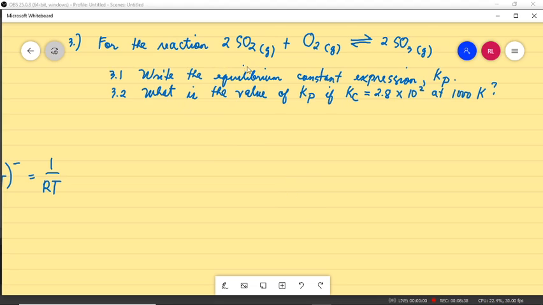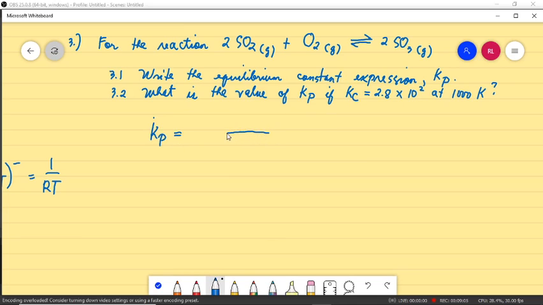For the reaction of 2 moles of sulfur dioxide and 1 mole of oxygen gas to form 2 moles of sulfur trioxide gas, write the equilibrium constant expression for K sub P. So you have K sub P is equal to the partial pressure of sulfur trioxide raised to the power of 2 divided by the partial pressure of sulfur dioxide raised to the power of 2 times the partial pressure of oxygen gas. Okay, this is for 3.1.